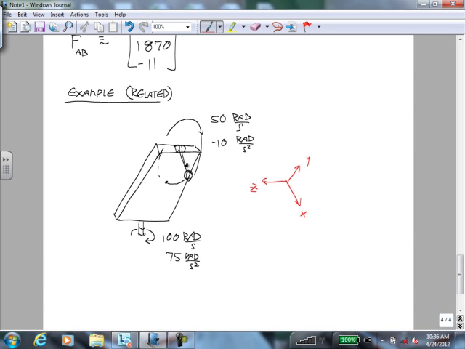Let the coordinate system rotate with, say, the arm.